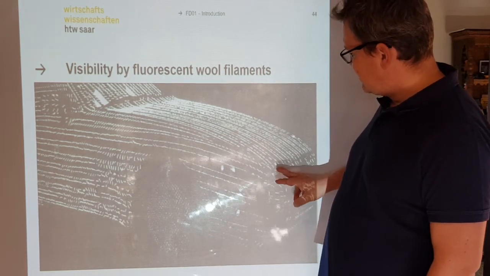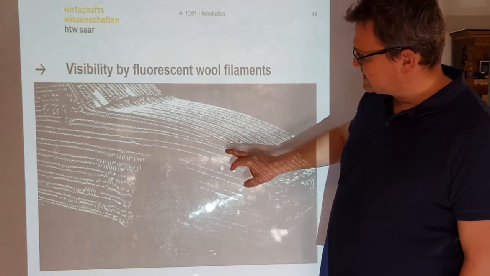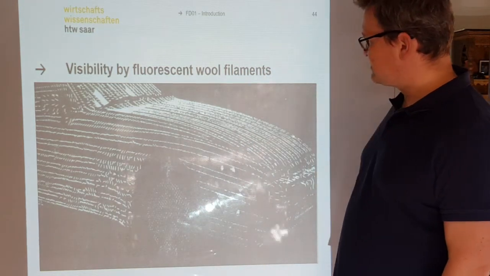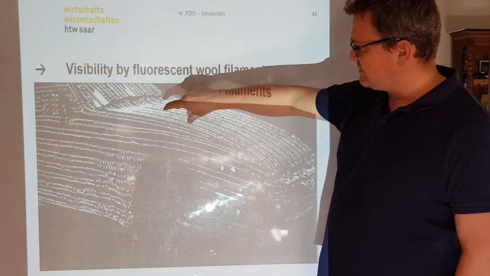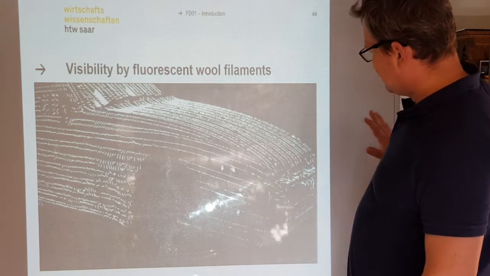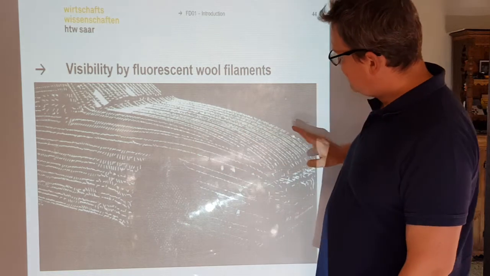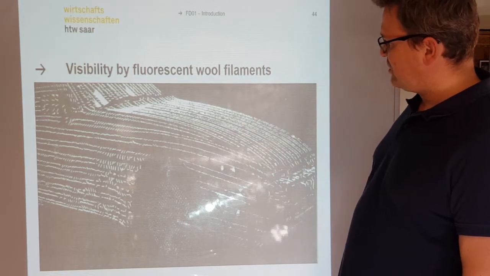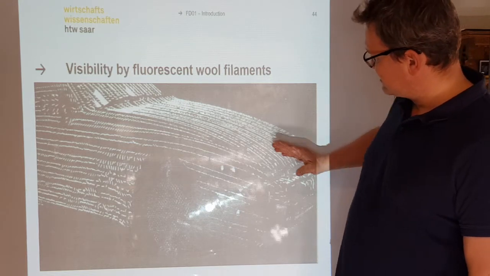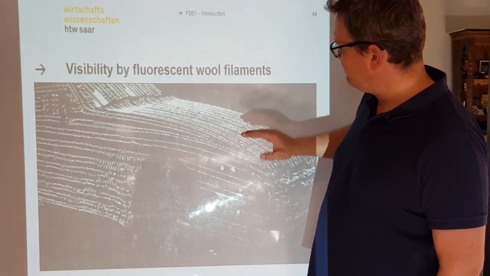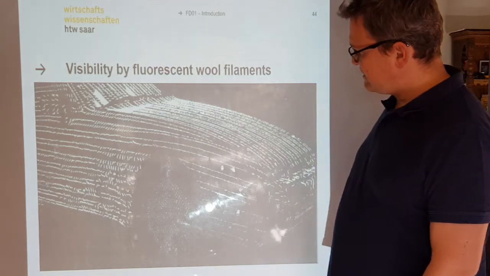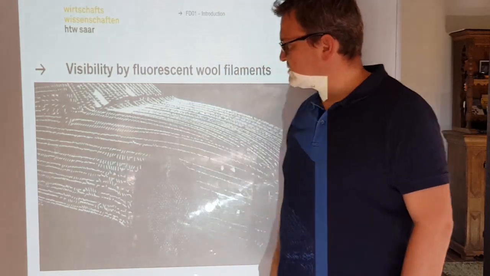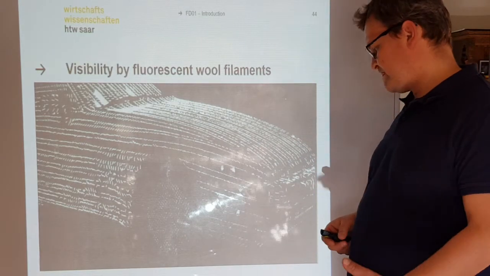And you can see they glued small, really small filaments of wool onto the geometry, and now if the air comes, you see the direction of the air on the surface. Here it goes in this direction, so all the wool filaments will go in this direction, and behind the wheel you have some swirls.